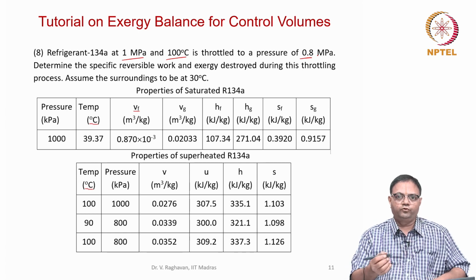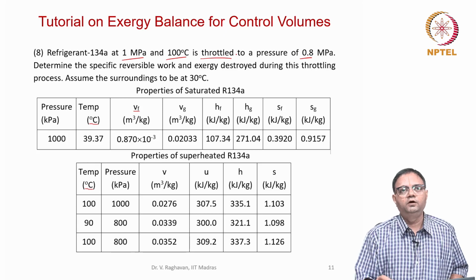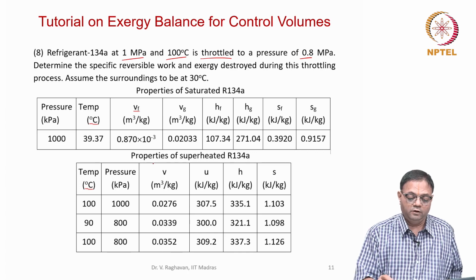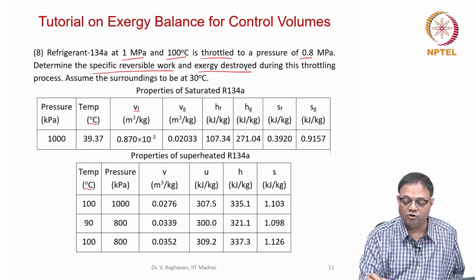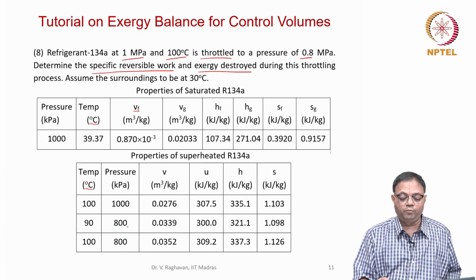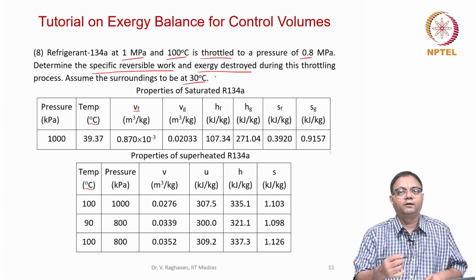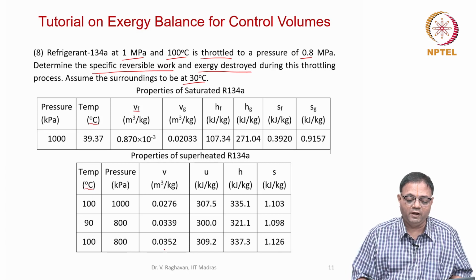Normally, if the heat loss from the throttle valve is not given, we can assume the throttling process to be adiabatic. Determine the specific reversible work and exergy destroyed during this throttling process. Assume the surroundings to be at a temperature of 30 degrees centigrade. Property data are given here.